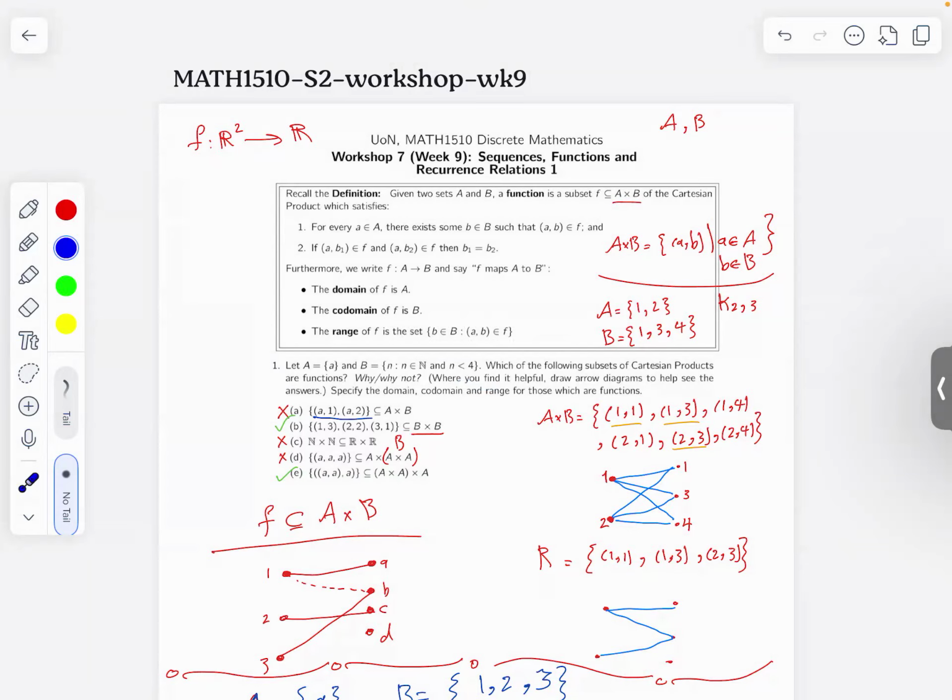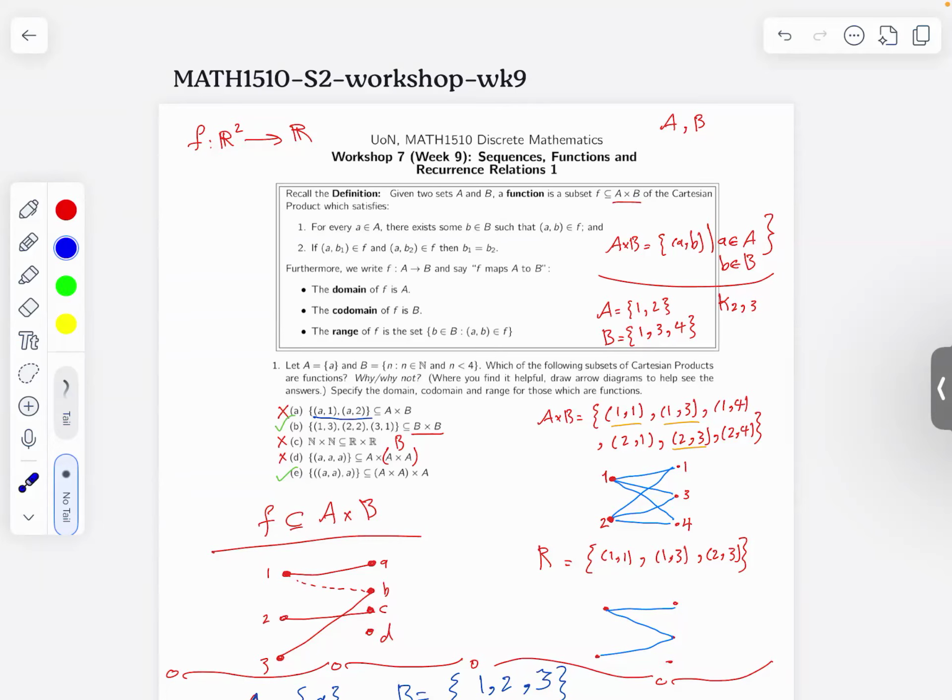This week's workshop is about functions, reviewing the definition of functions and doing some questions. Then, more importantly, we will review the topic of recurrence relations.